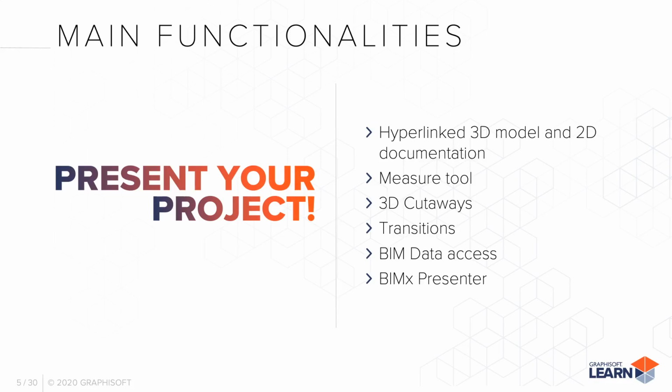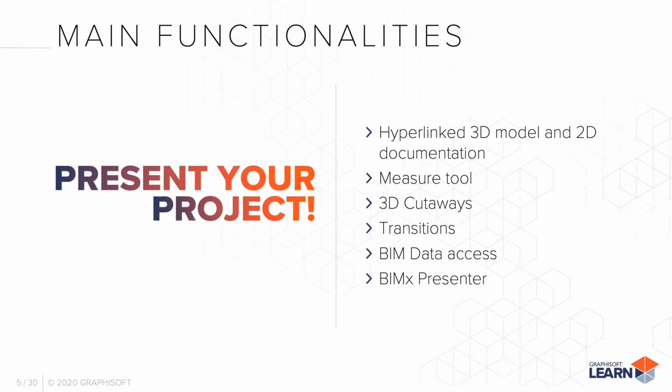With the measure tool and the presenter, you can effectively communicate even details about the project, and the transitions and the 3D cutaway functionality can help you put things into context, whether they are just simple floor plans or sections about the building. In case of larger buildings, obviously we can have many sections, and it can be pretty difficult, for example, for clients to understand where are we in the building, and this can help them quite a lot.